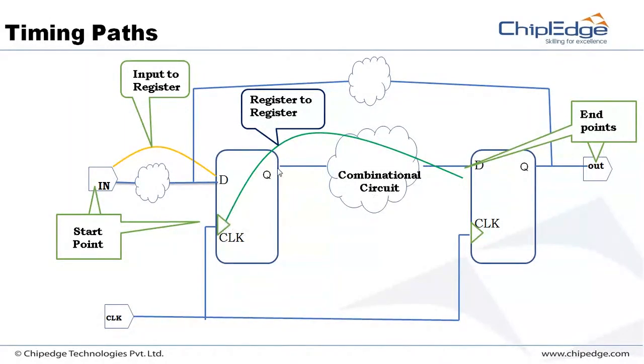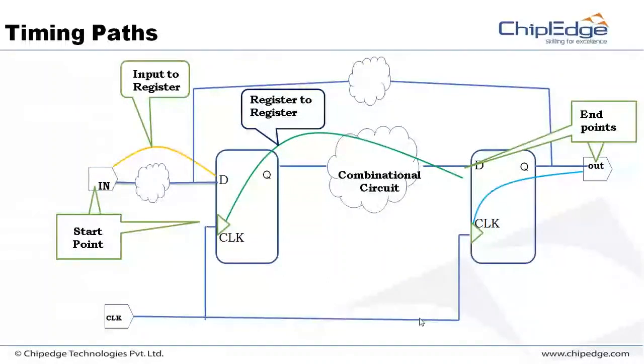One more point is the time taken from clock to Q. An edge comes at the clock pin, and the D data which is here should be sampled to Q. There is some time that it takes. A D flip-flop also doesn't act all of a sudden; it takes some time. That time is called TCQ. I have that in the next slide just for your reference.